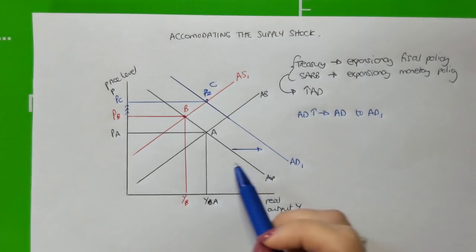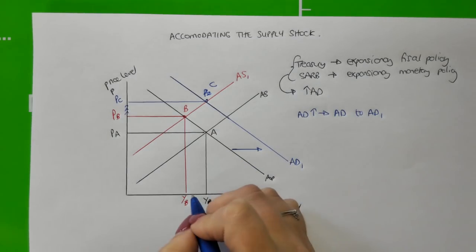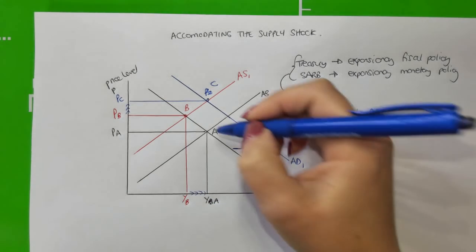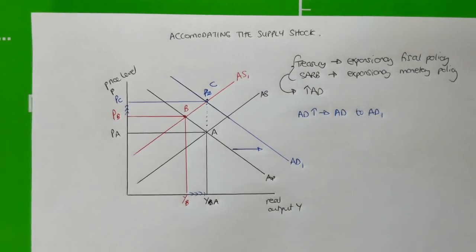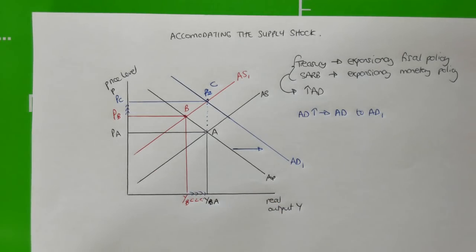And the one thing that the expansionary monetary or fiscal policy is able to then address is that the level of output is able to increase back to the original level of output. Okay? So the reason why accommodating policies might be used is because the unemployment that gets generated when the supply shock happens can be redressed through an expansionary demand-side policy, which incentivizes firms to increase production because the demand for their goods and services is increasing.